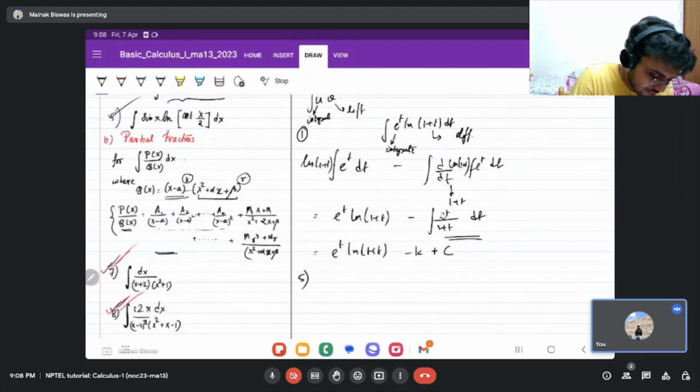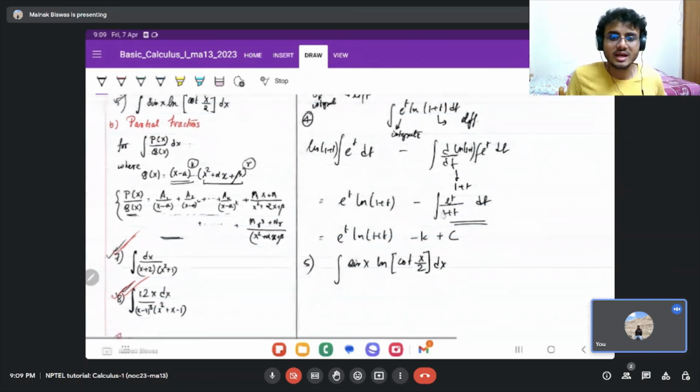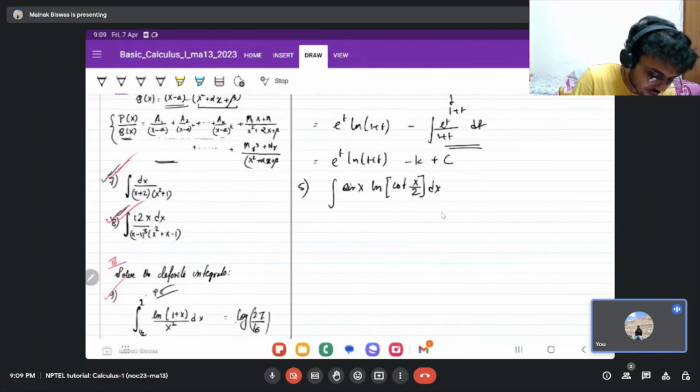Now number 5, the integral of sin x log cot of x by 2. The question arises, which one do you integrate, and which one do you differentiate?